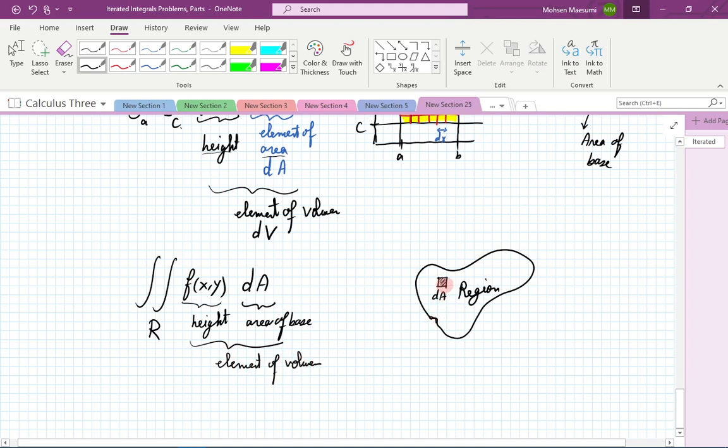Then these volume contributions over the whole region are added up. That is the meaning of this particular symbol. So it's important to understand what is meant by these iterated integrals. Pretty soon what we are going to do will not be related to volumes anymore, but to understand what the iterated integral means, this approach helps quite a bit.